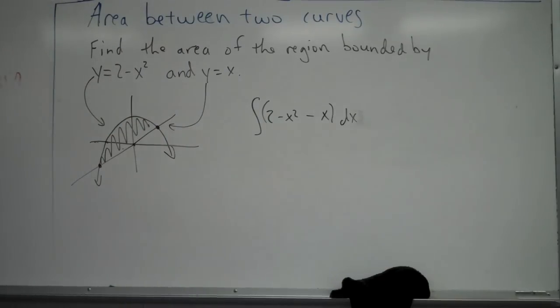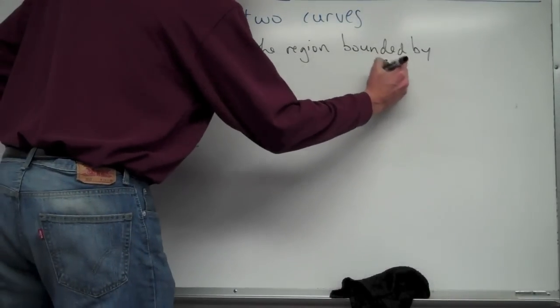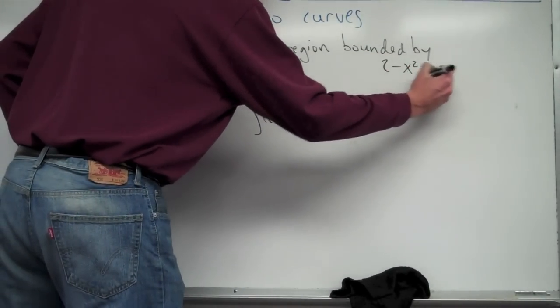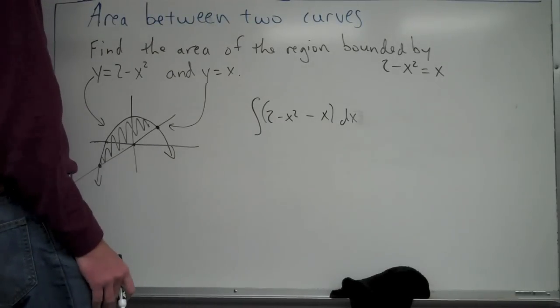To figure that out, a lot of times it's calculator active, but we'll do this one without a calculator. To find where two equations intersect each other, that is just where they are equal. They share the same point, so therefore they're equal at that point of intersection. So let's set 2 minus x squared equal to x. So 2 minus x squared equals x. To solve this, I'm going to move everything to one side so I can end up factoring it.